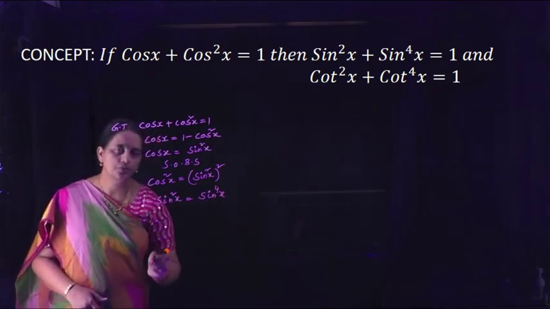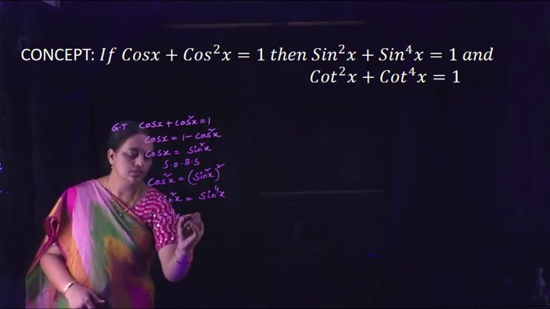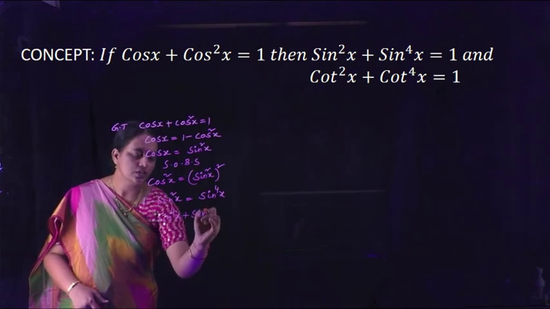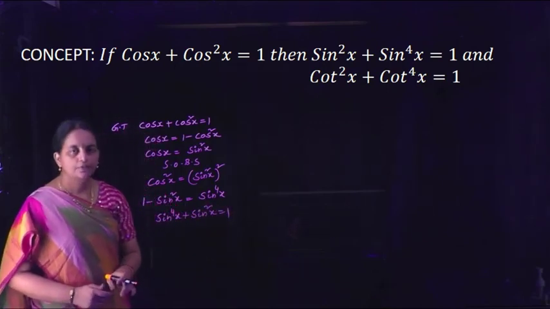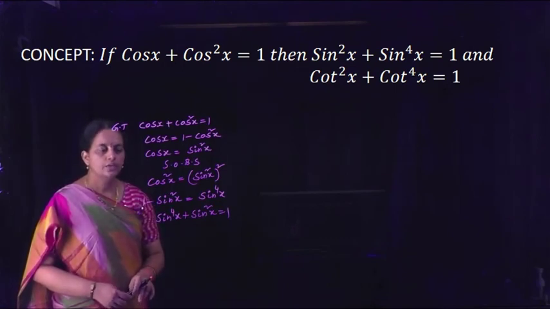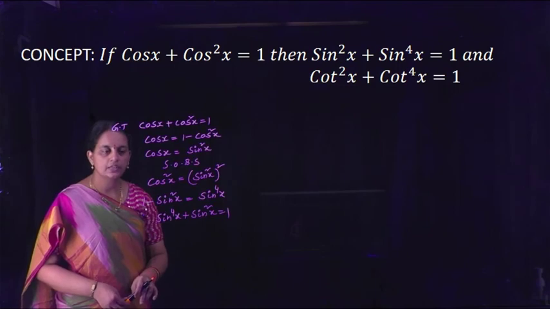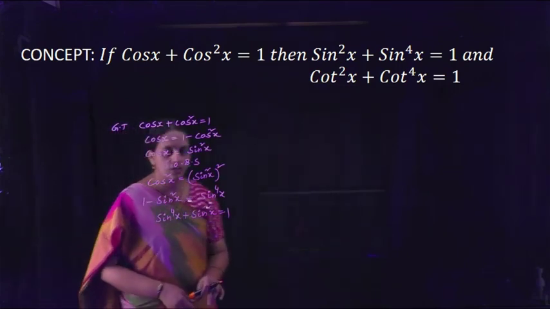From this we can write sin power 4x plus sin square x is equal to 1. This is the first result. If cos x plus cos square x is equal to 1, then sin power 4x plus sin square x is equal to 1. From this we can derive the second one also.